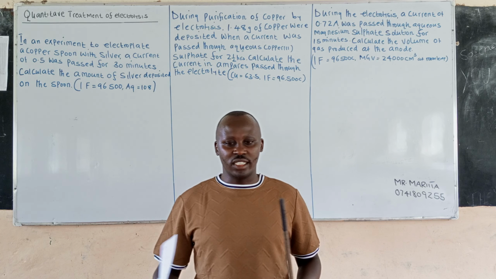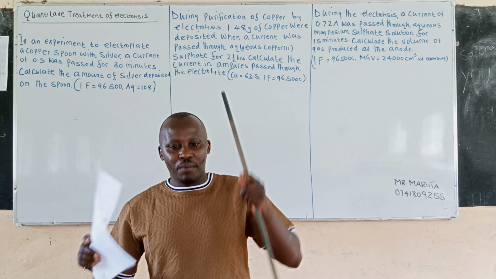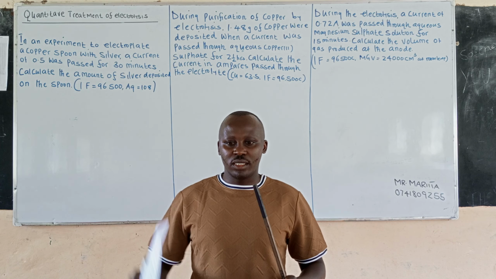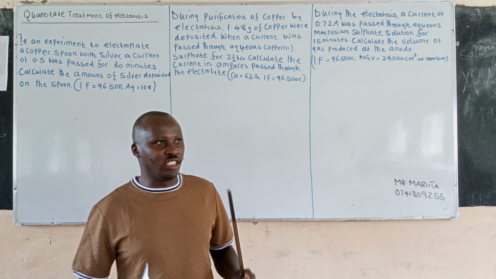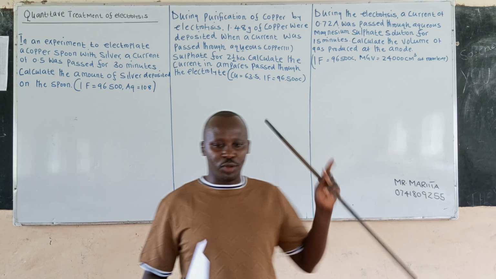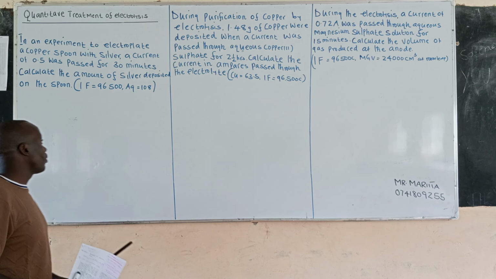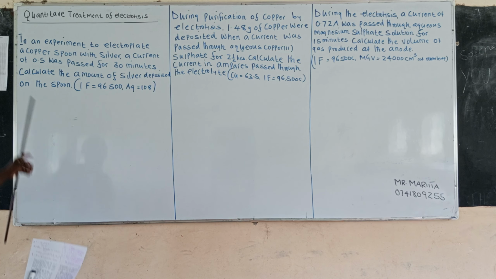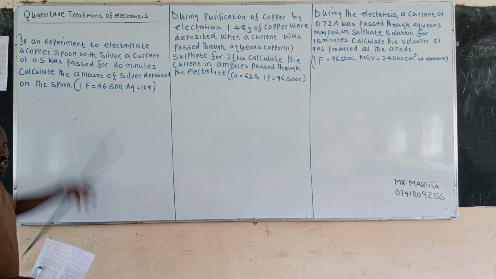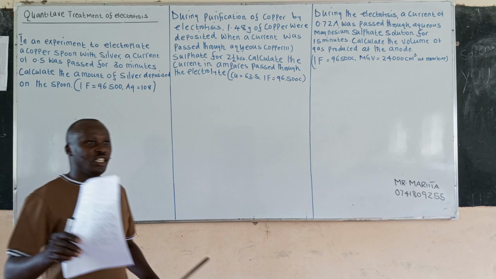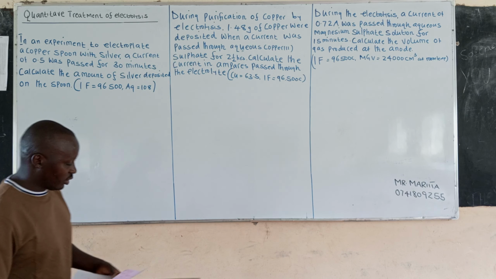So in this case we are using Faraday's first law of electrolysis. The law states that the mass of a substance produced during electrolysis is directly proportional to the quantity of electricity passed through. Here we have some questions that require the first law of electrolysis.